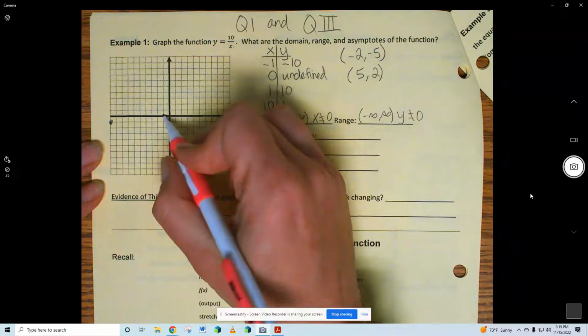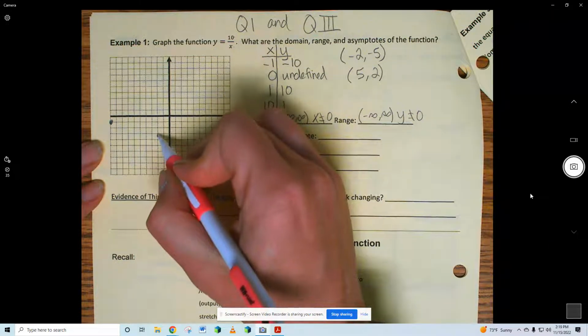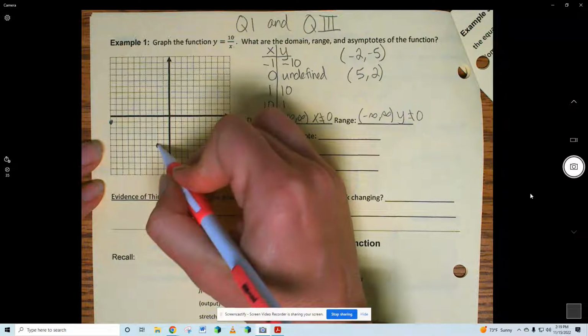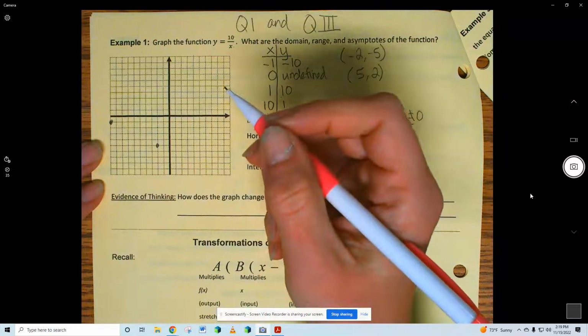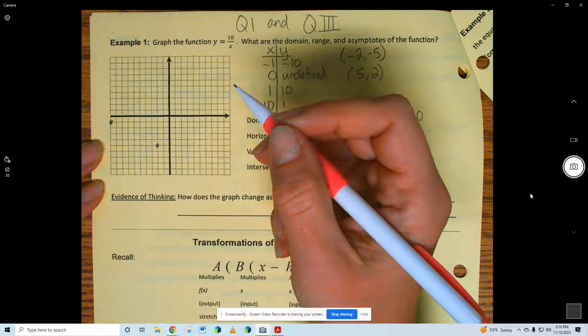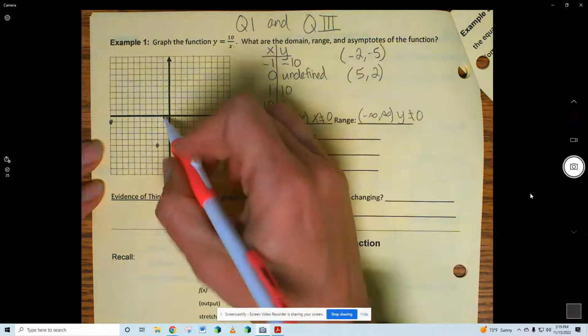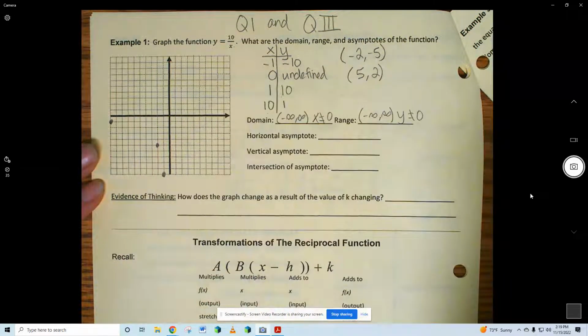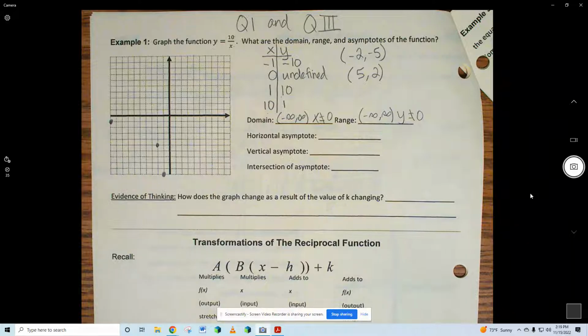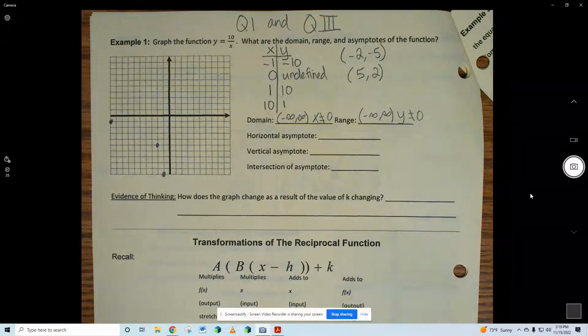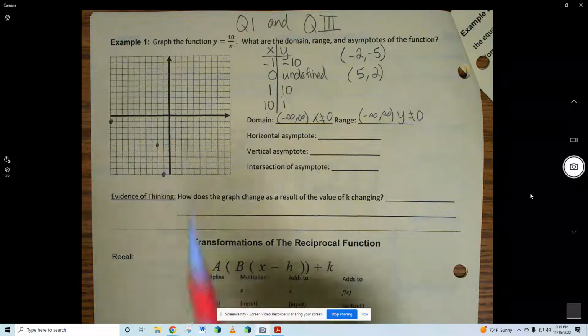Negative 2, negative 5. This is where the bend occurs. Negative 1, negative 10. I really only need 3. Don't go crazy and feel that you need more than that. This is totally good.